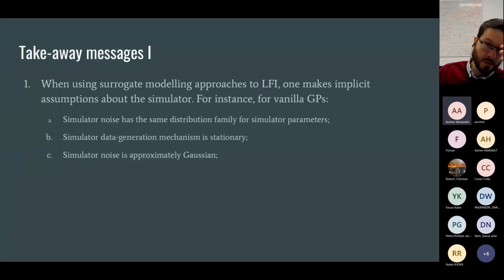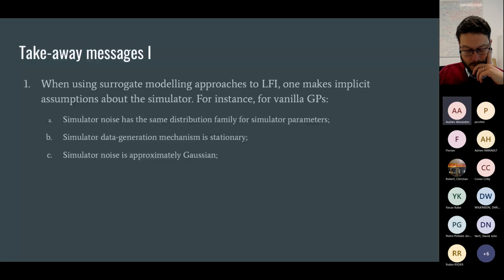So the takeaway message for this part is that when we use surrogate modeling approaches to likelihood-free inference, we make implicit assumptions about the simulator. So for standard Gaussian process, we assume that simulator noise has the same distribution family for all simulator parameters.